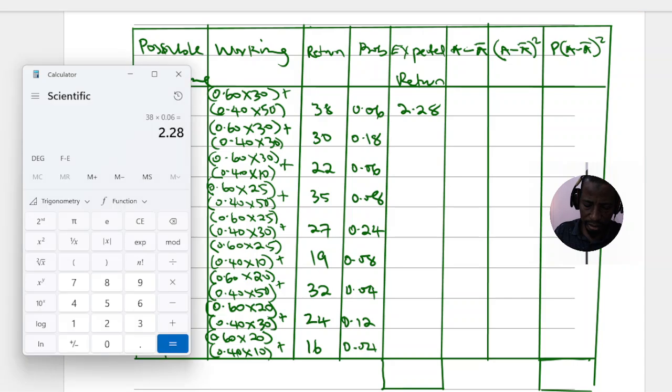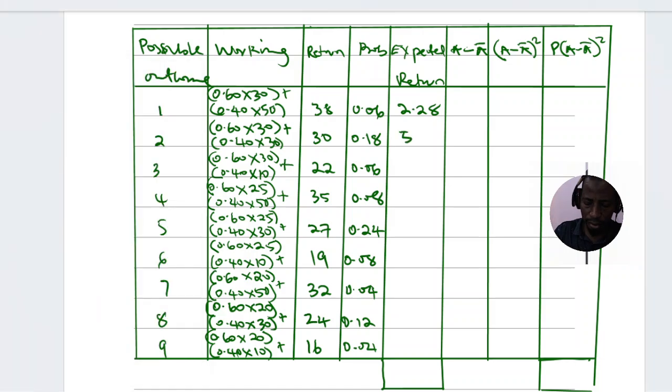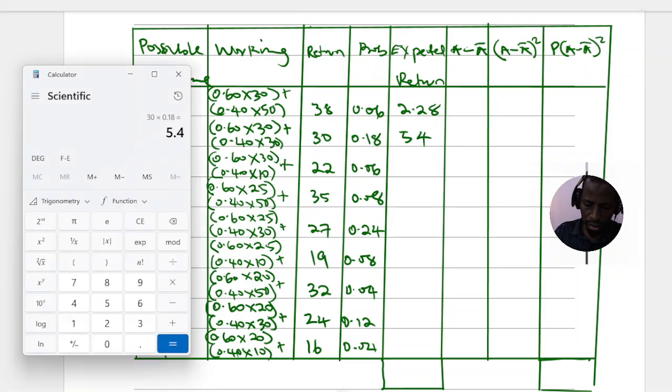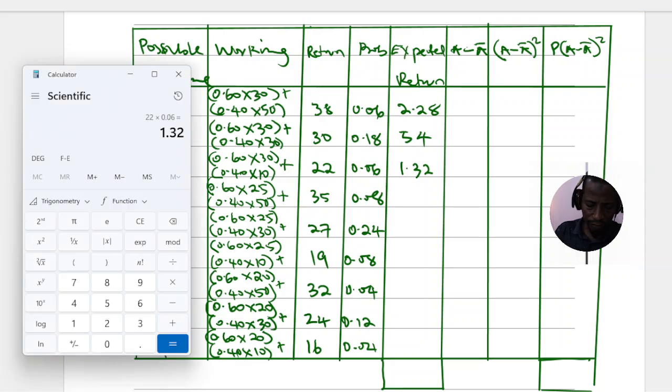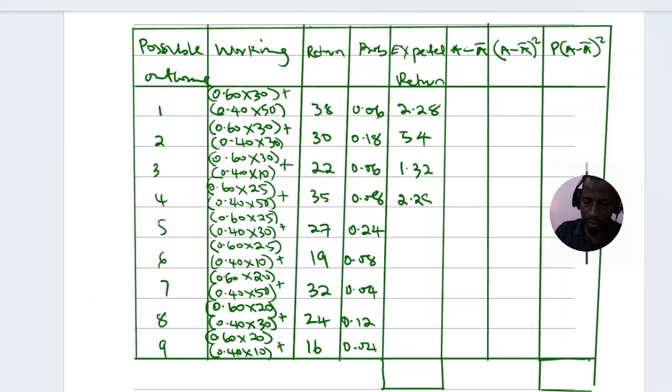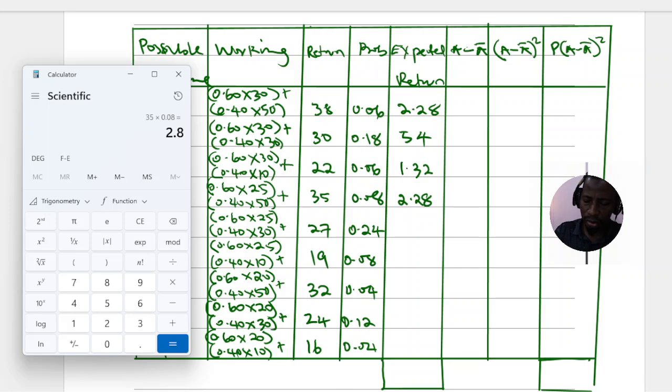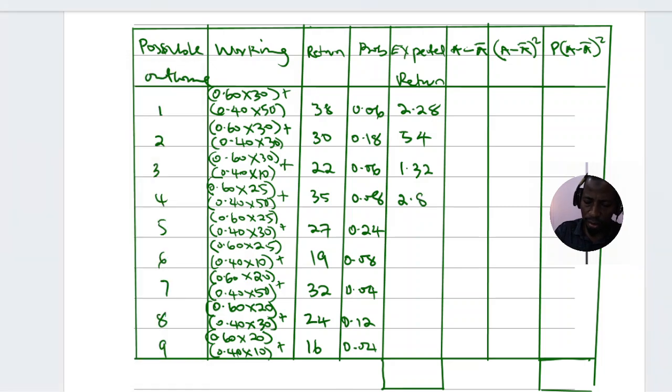The next one, 30 multiplied by 0.18 equal to 5.4. 22 multiplied by 0.06 equal 1.32. 35 multiplied by 0.08 equal 2.8.